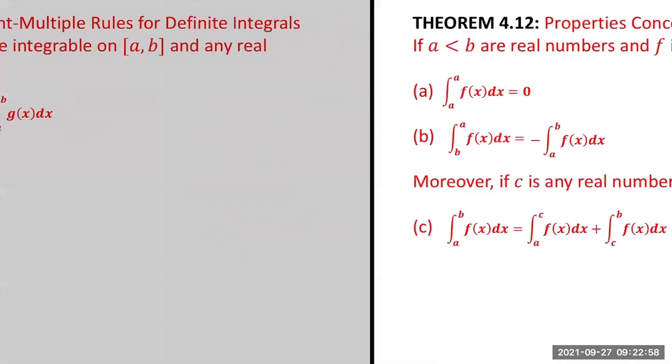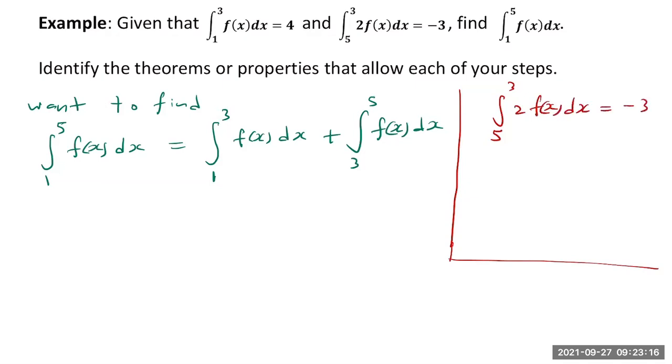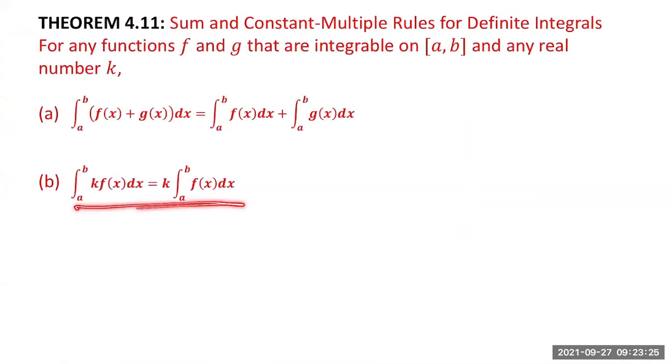And of course, we are going to use the constant multiple rule as well. So let's see how to handle this one. I'm going to do some calculations here. This is what I'm given. The definite integral from 5 to 3 of 2 times f of x dx is given to me, which is -3. Now using the constant multiple rule, since this 2 is a constant, I can pull this 2 out. That is the constant multiple rule that we discussed in theorem 4.11.